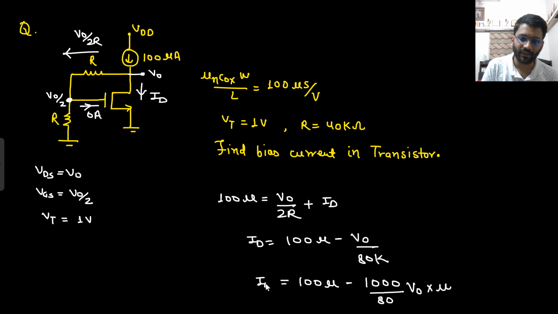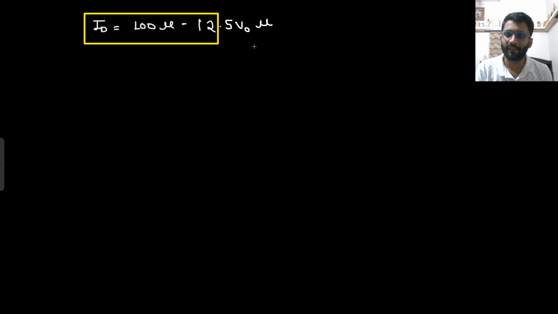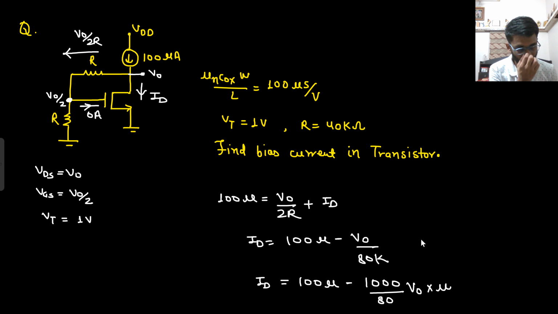This is my ID. So my ID will be 100 micro minus 12.5 V naught micro. Now what are we assuming? We are assuming the MOSFET to be in saturation region.